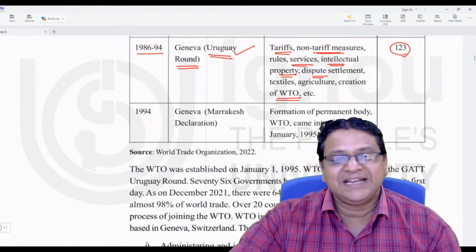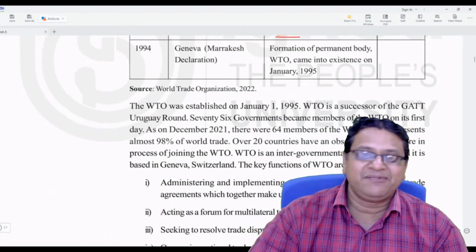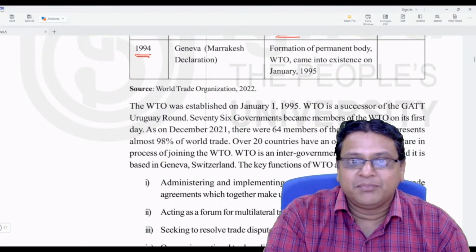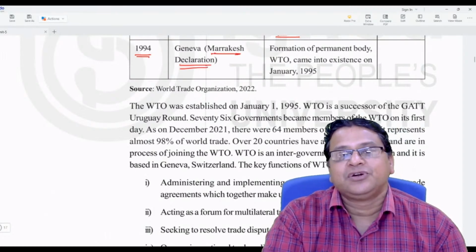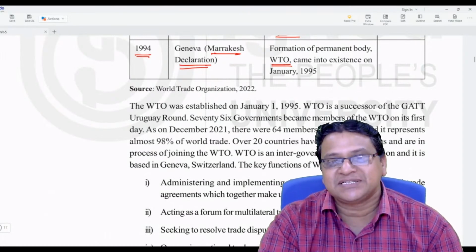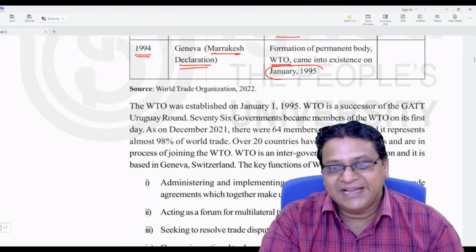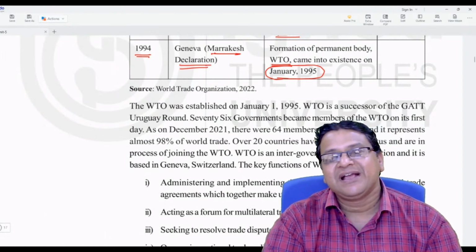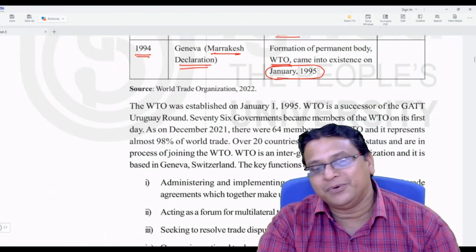Finally, in the year 1994, during Geneva round of negotiation at Marrakesh Declaration, WTO was framed, and WTO came into existence on 1st January 1995. So this is the history of formation of WTO.